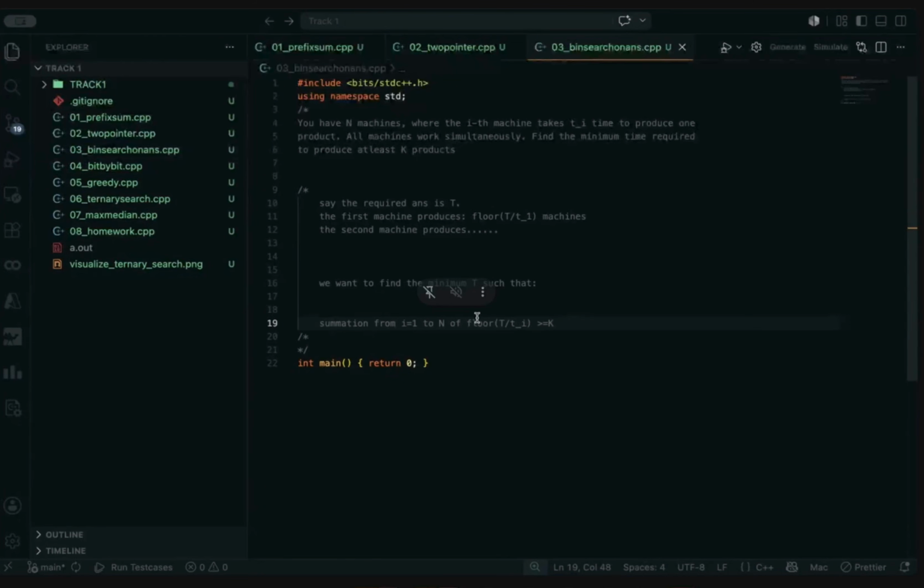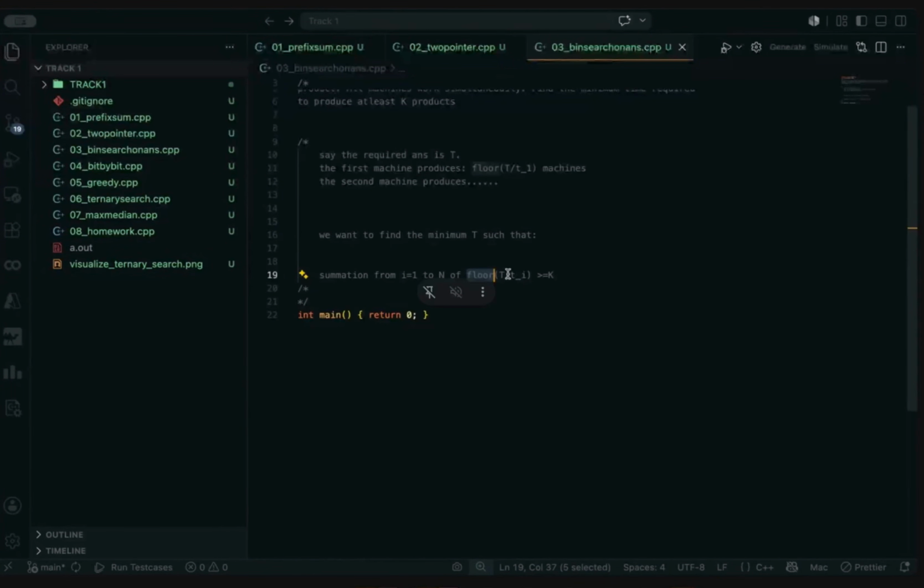I do not think it is easy to solve this inequality mathematically. If this floor was not there, say we had perfect rational numbers, then it would make sense to just take T common and then send the sum of 1 by Ti's to the other side. But now that we have the floor here, predicting an exact T to solve this question might be a bit difficult.